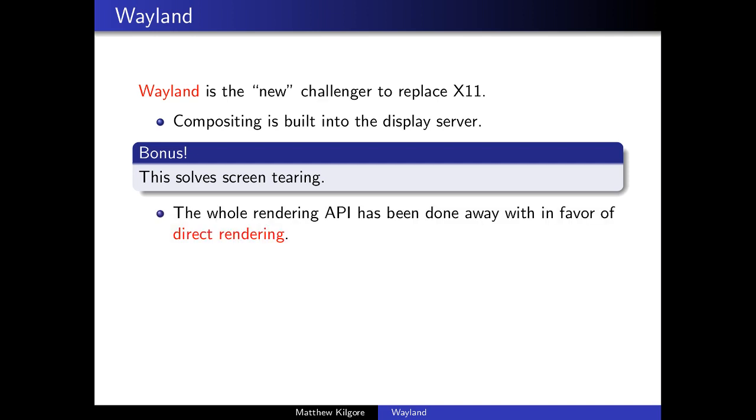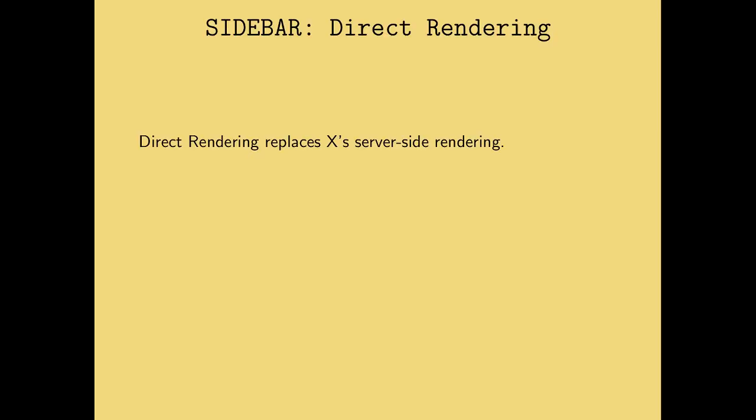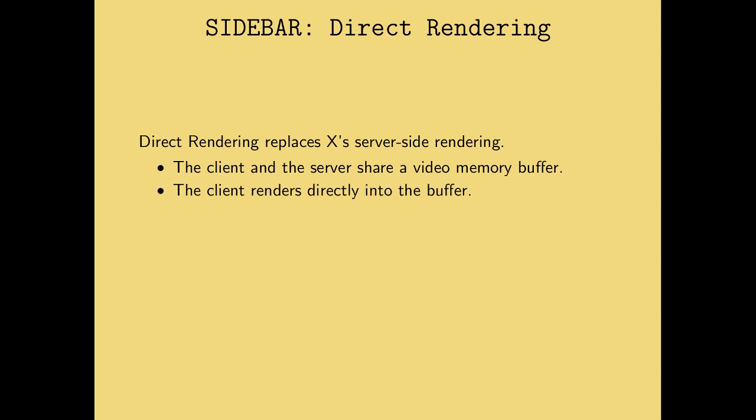Another change is that the whole rendering API has been done away with in favor of something called direct rendering. This is the replacement for server-side rendering. And basically what happens is the client and the server share a video memory buffer. The client then renders directly into the buffer.